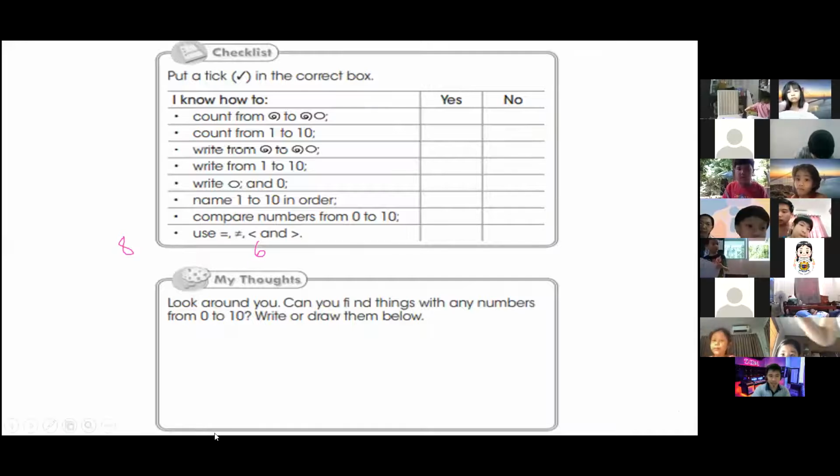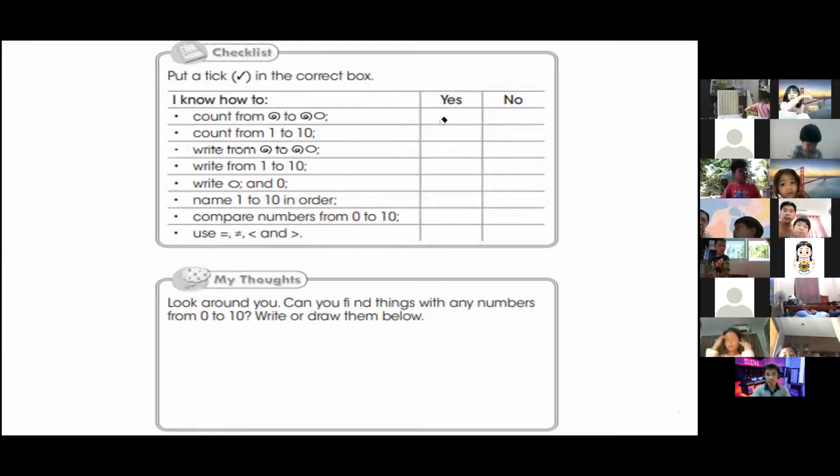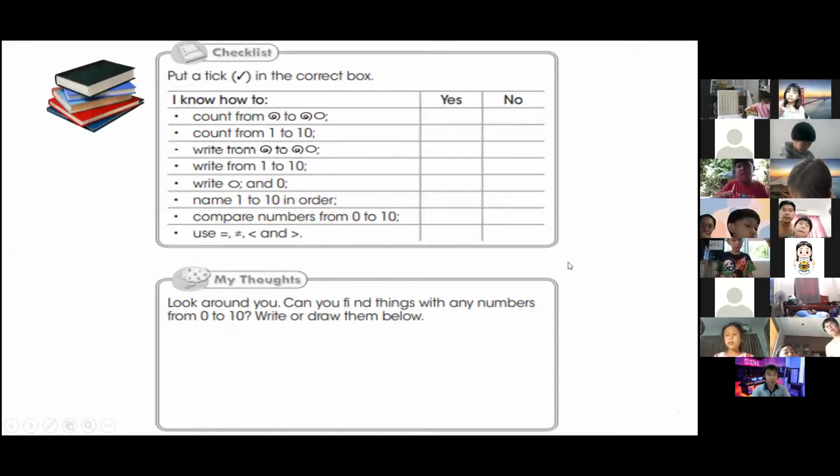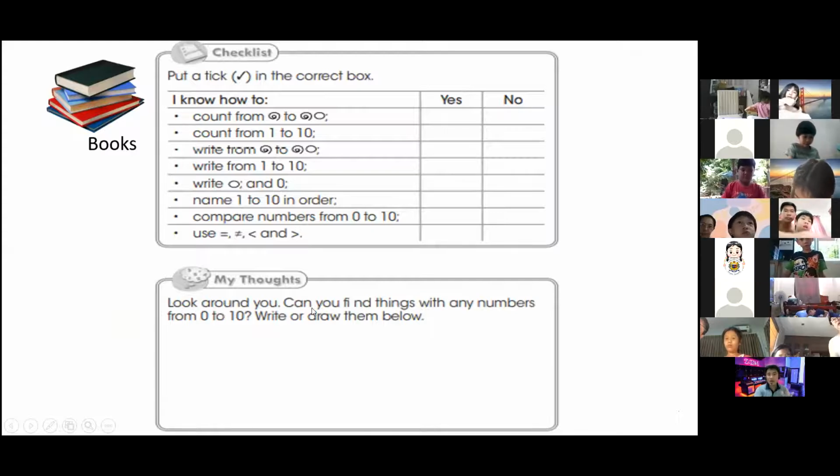It says here, look around in your house, because you are not in your classroom, right? So what you need to do is just look around your house. What objects are there in your house? Books. If there are books in your house, you can draw the books here, because it says here, look around you.